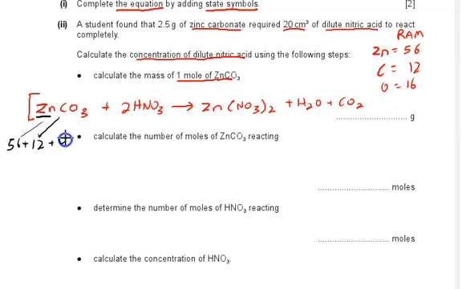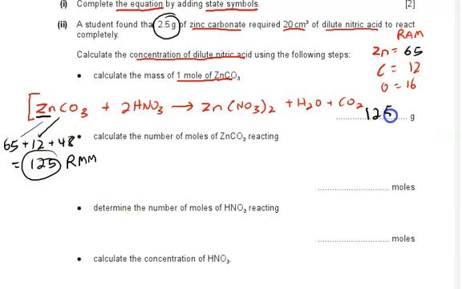You'll be getting about 48. Yeah, I'm very sorry, there's a small error. Zinc is supposed to be 65. So you add on all this, you'll get your answer as 125. Alright, so this is your mass, 125.